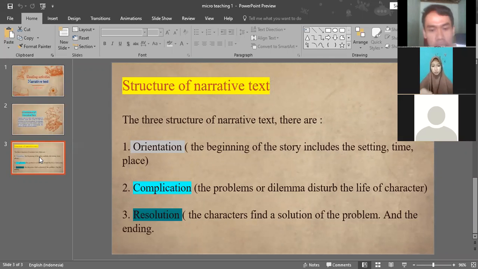The complication is the problems or dilemma that disrupt the life of the character. Usually we can find the complication in the middle of the narrative text. And the last is resolution. Resolution means the character finds a solution to the problem, and the ending.